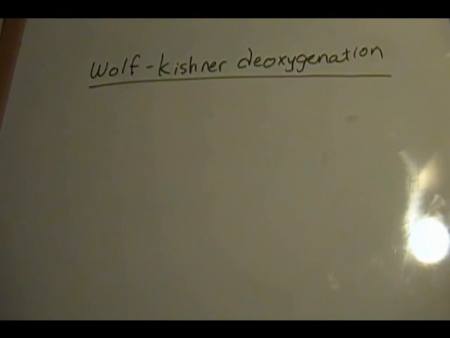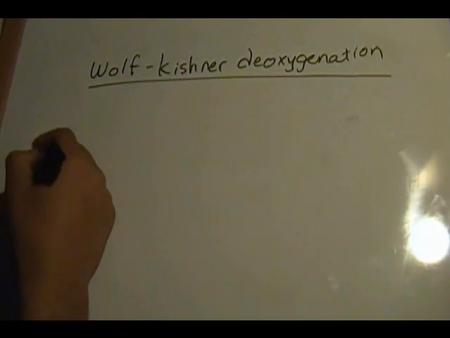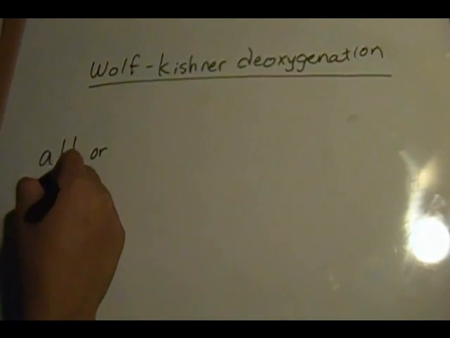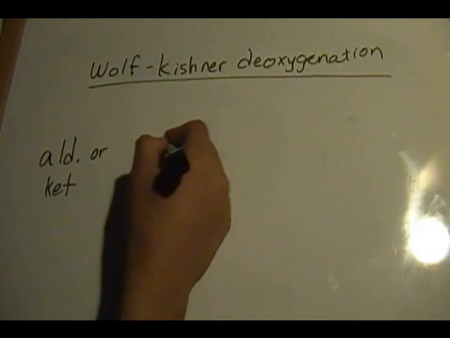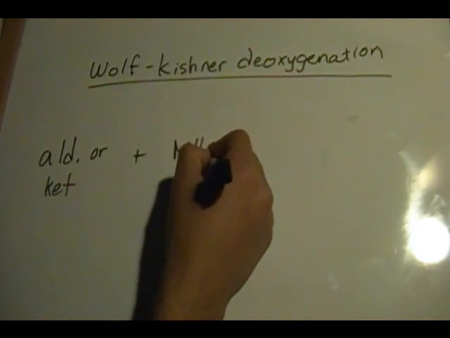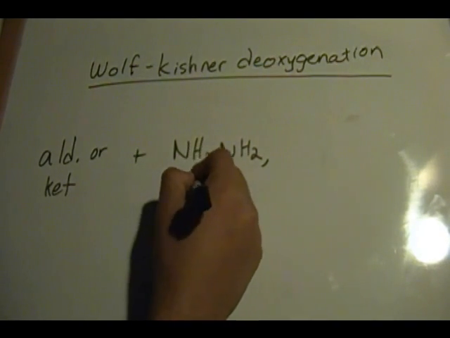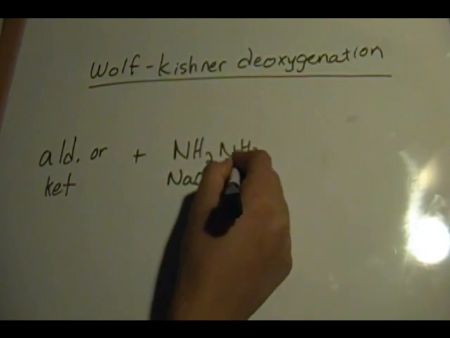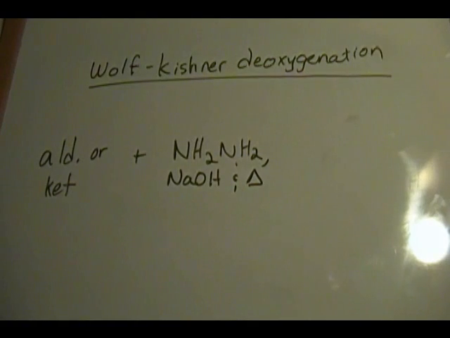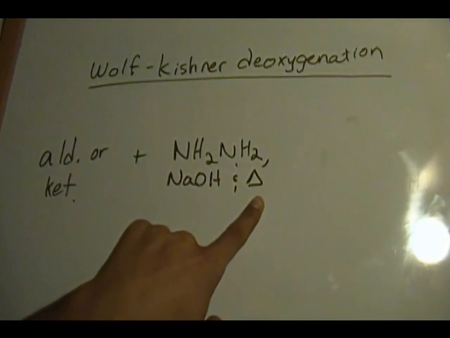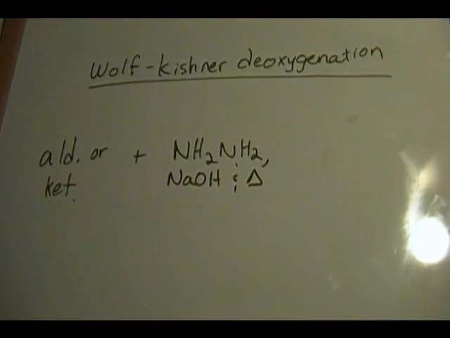For this reaction, if you start off with an aldehyde or ketone, and you react it with NH2NH2, NaOH, and heat, okay, so aldehyde or ketone plus NH2NH2, NaOH, and heat, that's what that little triangle symbolizes, heat.